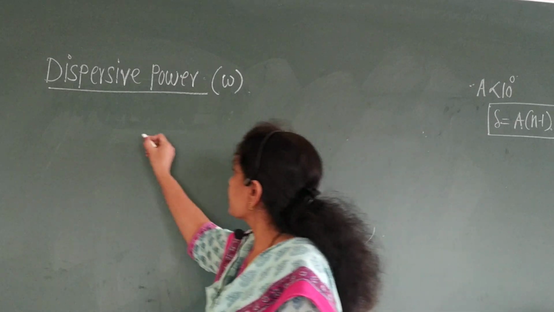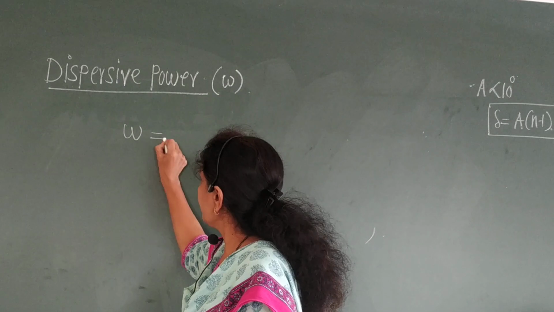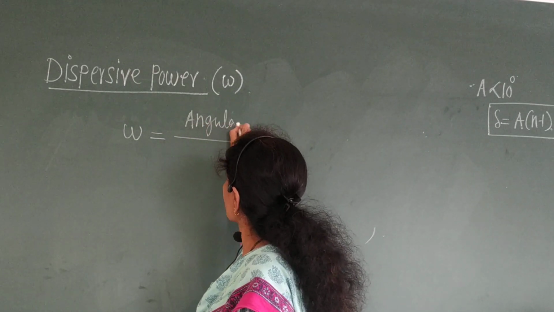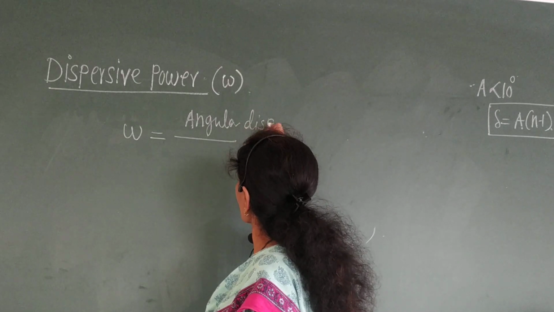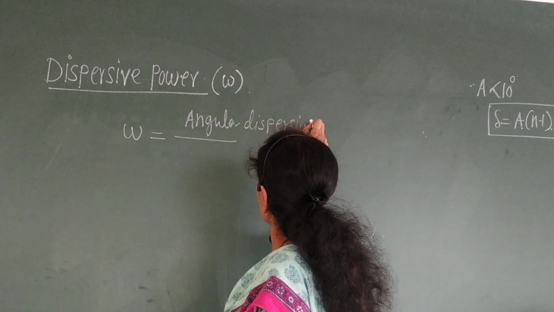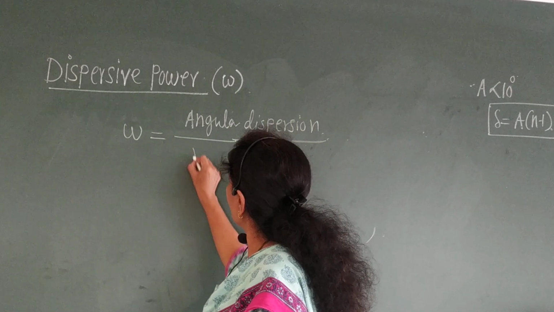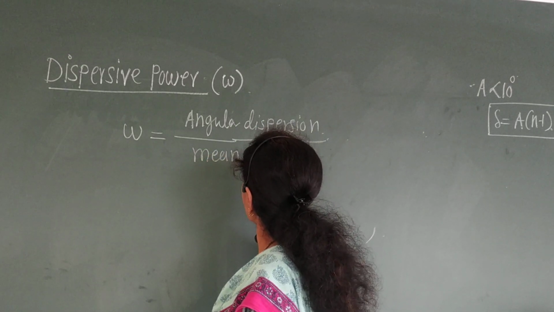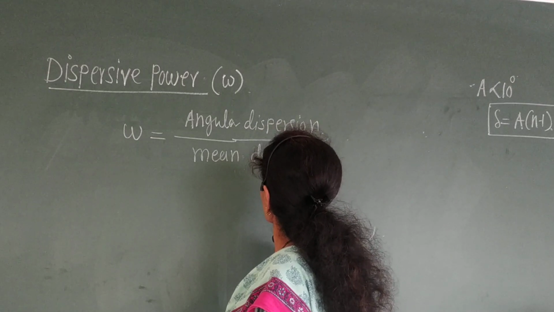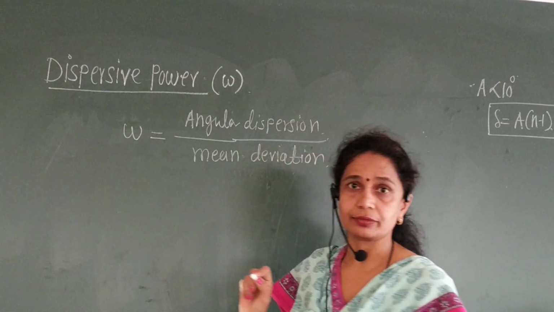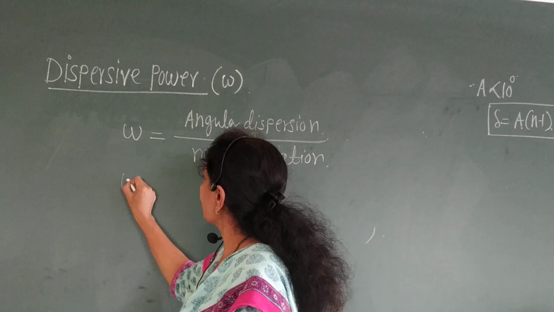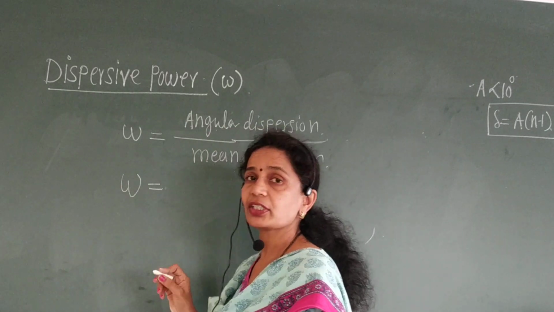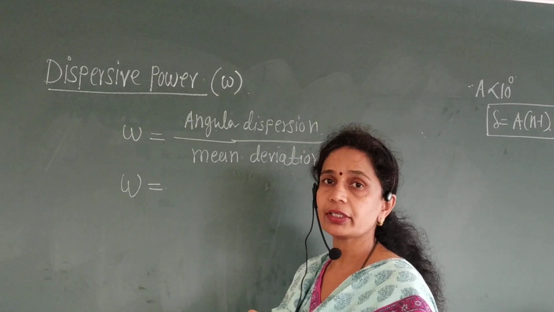And it is defined as the ratio of angular dispersion to the mean deviation or mean dispersion. Okay, therefore omega is equal to angular dispersion. What is the angular dispersion?